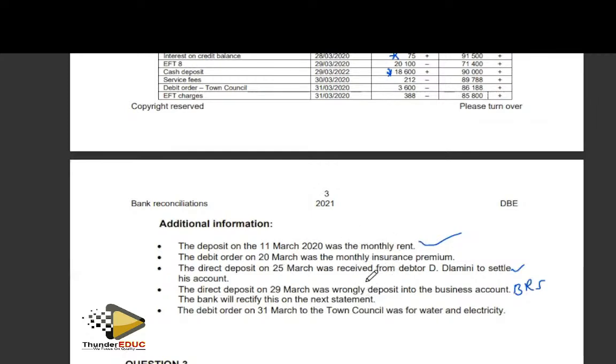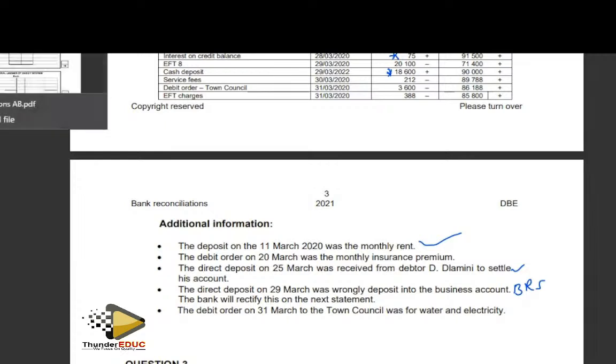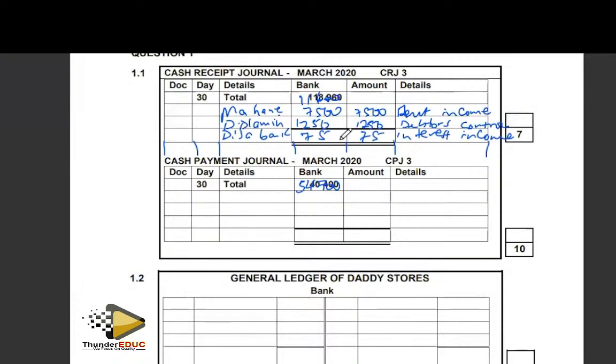So what we need to do, this one, we don't need to record it in our updated cash receipts journal. So what do we do? Which means now we have to take the totals, okay? To add up and get the correct totals.